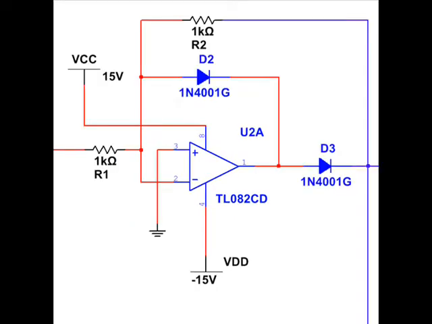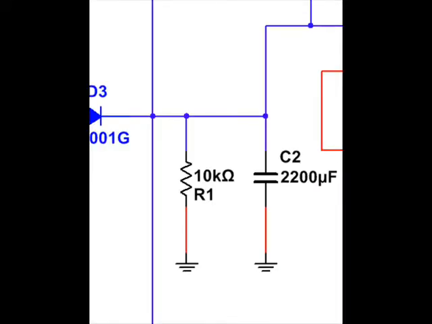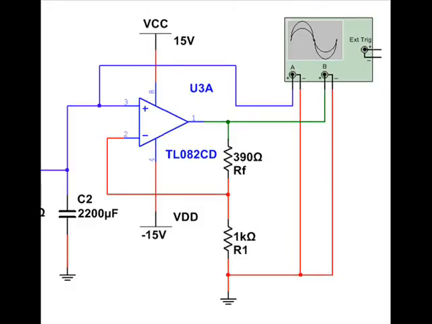Fourth, we set a precision rectifier, or half wave. Fifth, we set a load followed by a capacitor to convert the rectified wave into a DC level voltage. Finally, we set our operational amplifier non-inverter to grow the input voltage and reach between 4.5 and 5.5 volts as output DC.